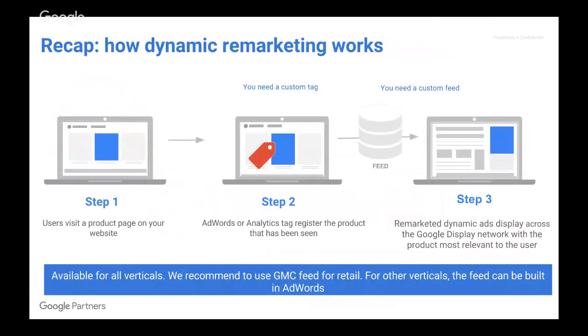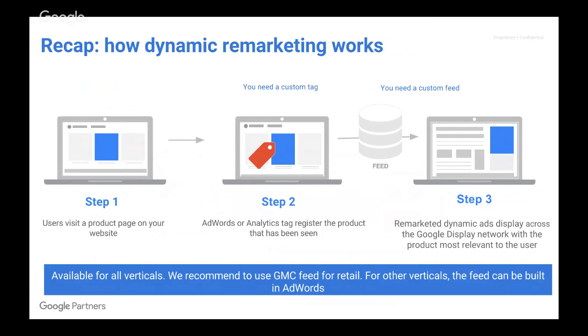To give you a bit of a recap on how dynamic remarketing works, I just want to go through the steps of what happens for the user and from the technical point of view. So the first step is, of course, a user visiting a product page on a website, and he will see a specific product.